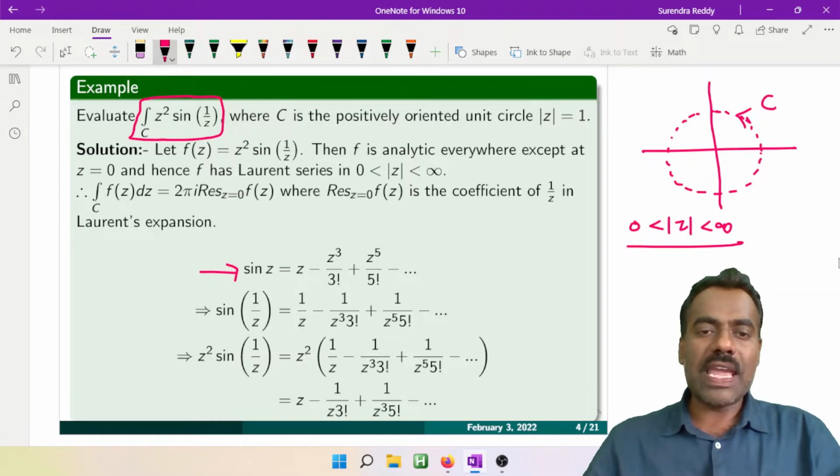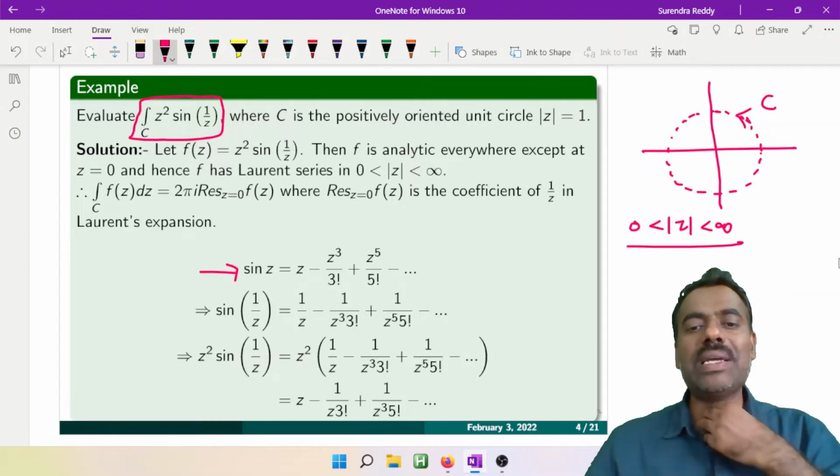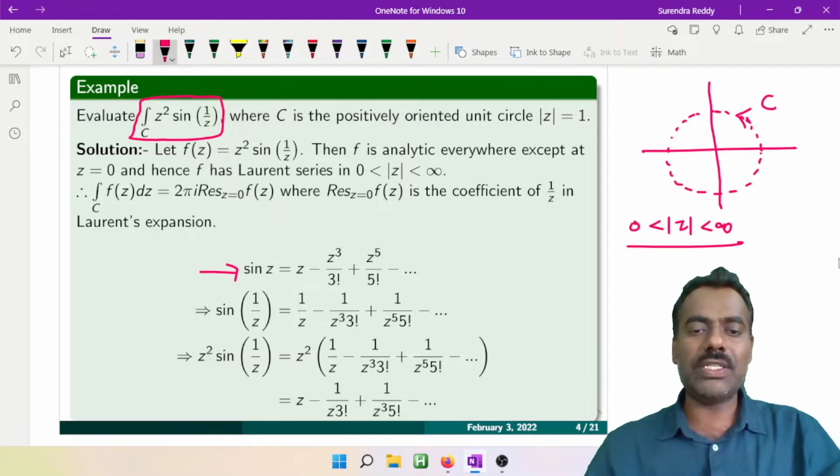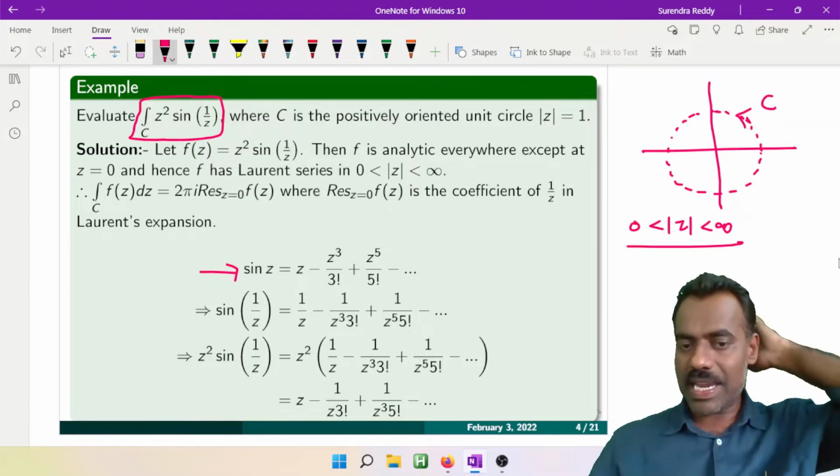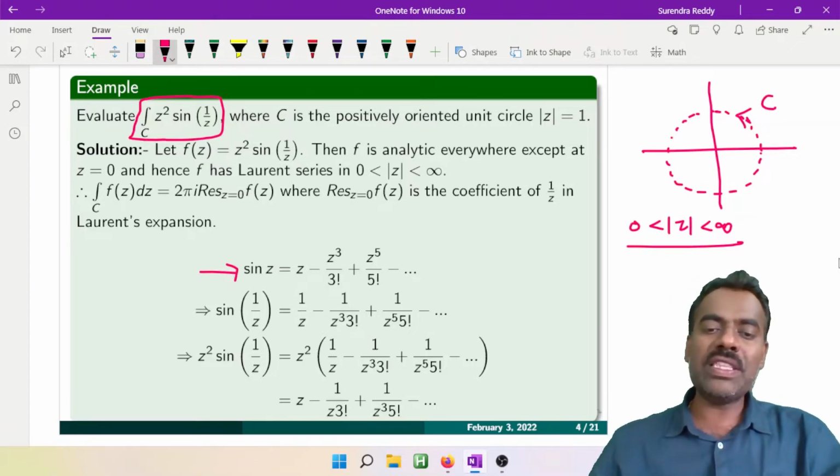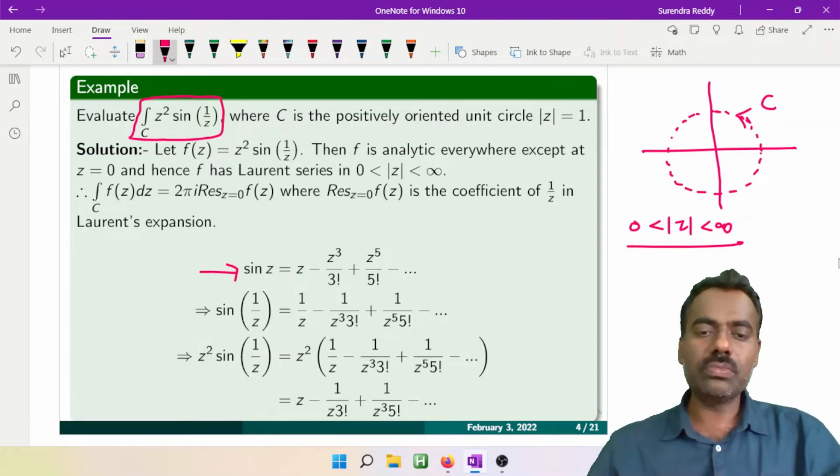Then what is sin 1 by z? Replacing z by 1 by z, we get this. Then multiplying by z square, we get z minus 1 by 3 factorial times 1 by z plus 1 by 5 factorial times 1 by z cube, and so on.